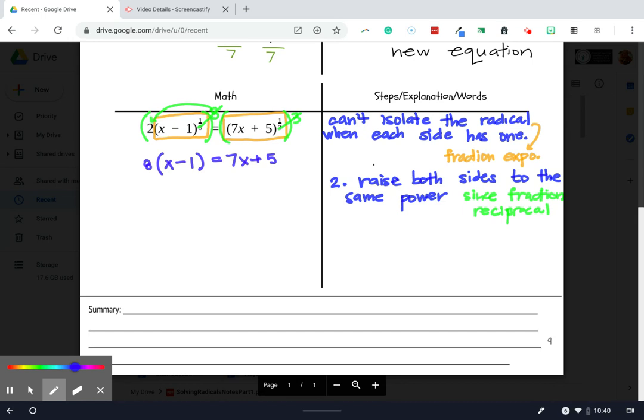Now, once we deal with that, then we solve the new equation, and that has not changed. Our goal is to get an equation that doesn't have a radical or any fractions in it, and then we're just going to have at it and solve like normal. We're going to distribute.